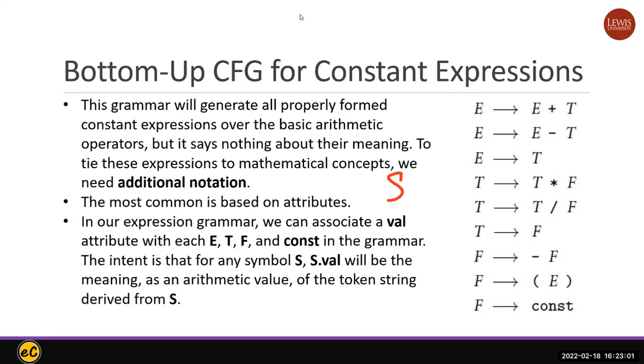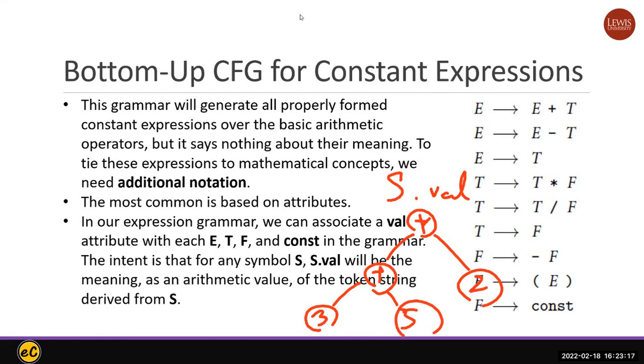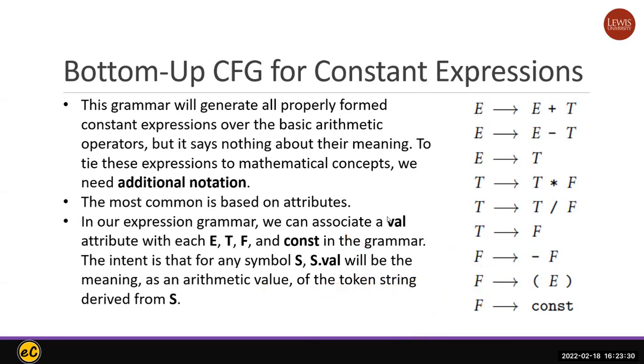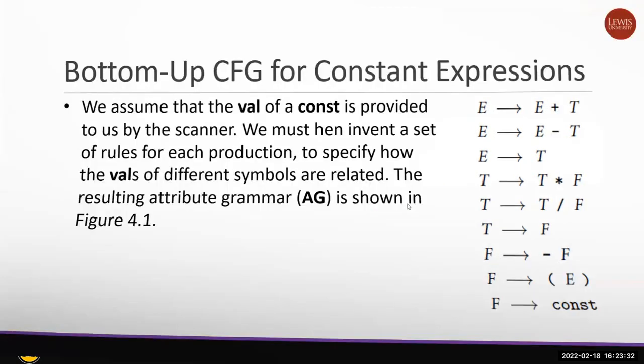S has a value, and this S value is times, then 2, then plus, and then 3 and 5. Here you have the values of this one, CW and DW, and here you have BW, something like that. So these are attributes of a certain node of your tree.